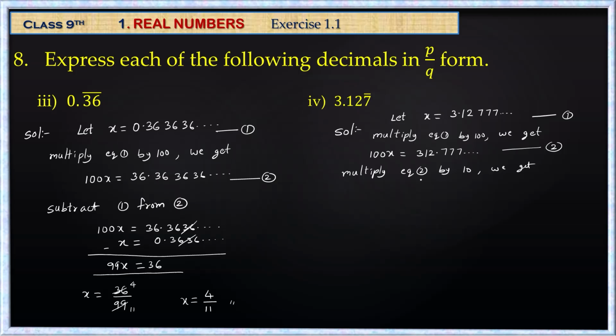We get 100 into 10 becomes 1000x is equal to, here by multiplying with 10 it moves 1 step right side, 3127.777 and so on. Call it as equation 3. Now subtract equation 2 from equation 3.